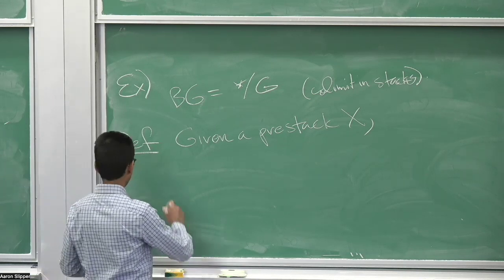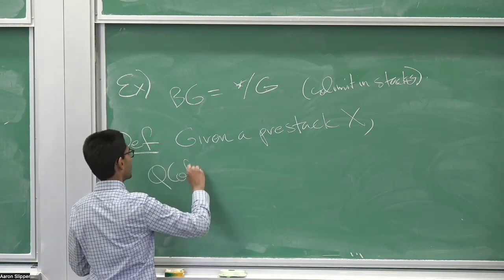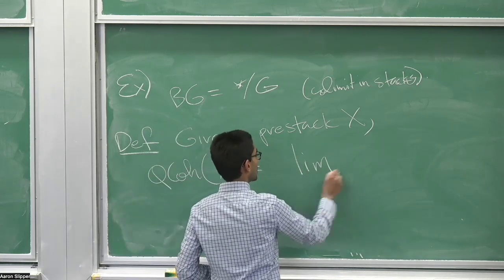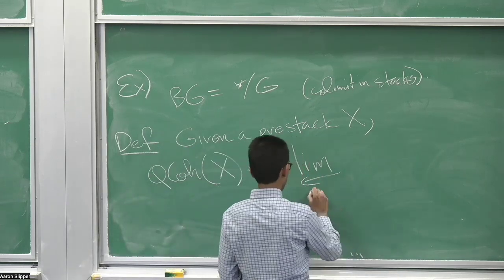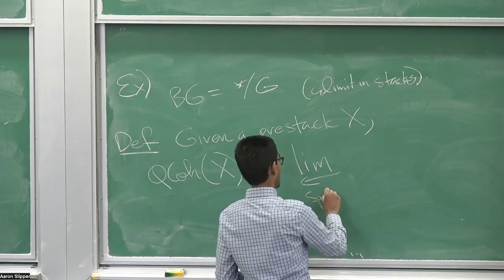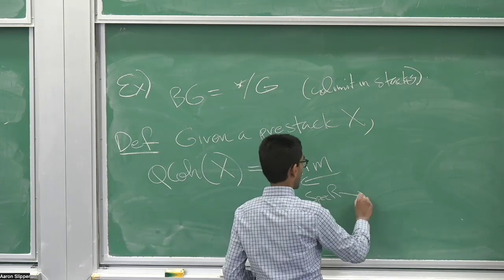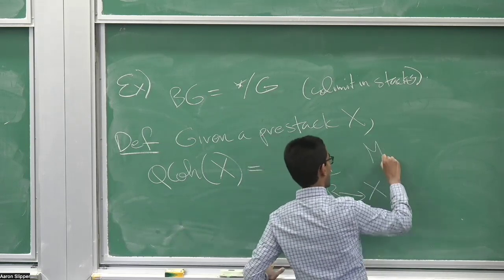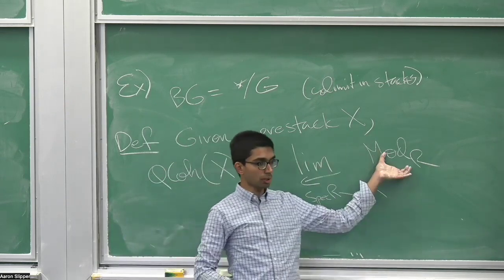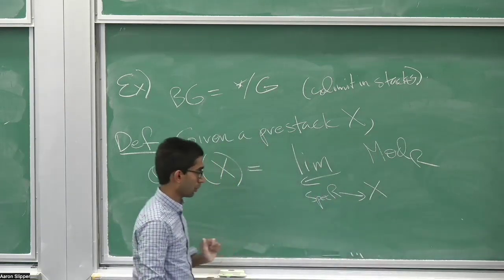So define QCoh of X to be the inverse limit: anytime you have a map from an affine, the spectrum of an animated ring R, to X, you have the category of R-modules, and then you take the inverse limit of all of these over all such maps.